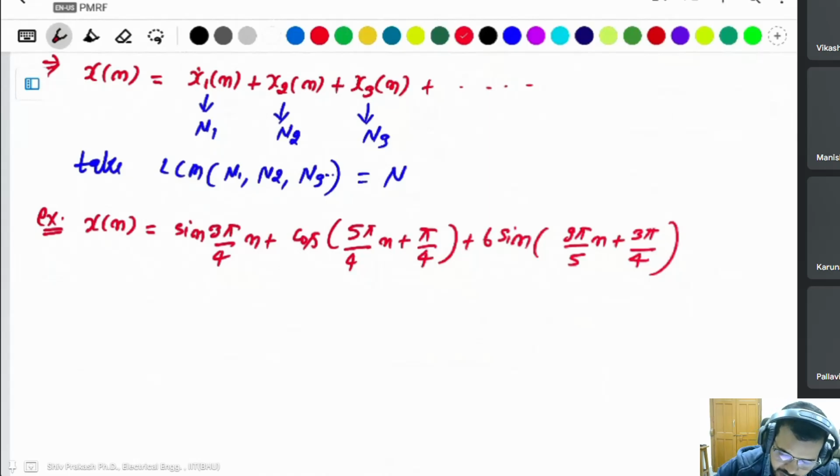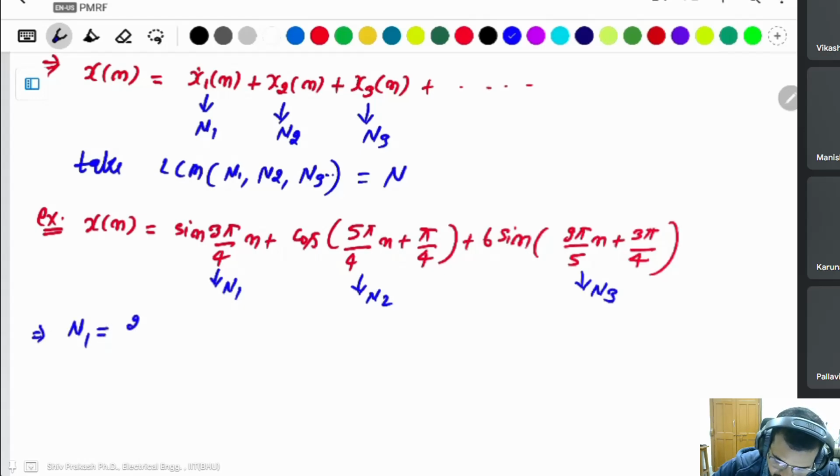First of all, find N1 for this one, N2 for this, N3 for this. N1 is equal to 2π/ω, where ω is 3π/4, times k. π will cancel out, giving 8/3 times k.